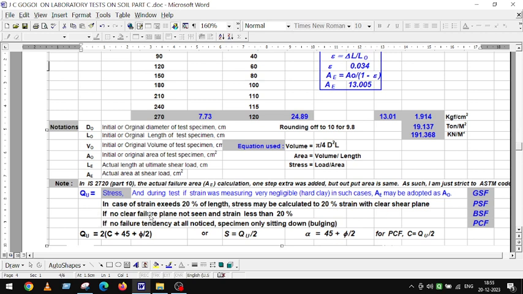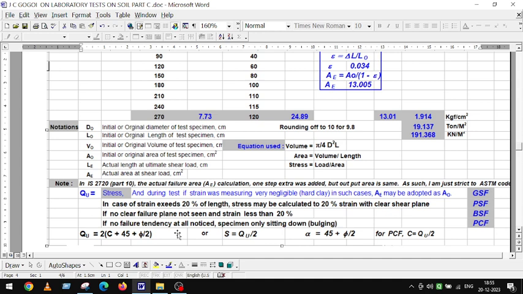If no clear failure plane is seen, if no clear failure was seen, this 'not' is wrongly typed, and strain shall be less than 20%, then it will be brittle shear failure.